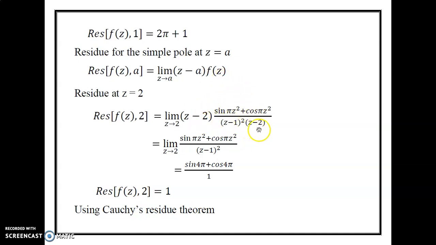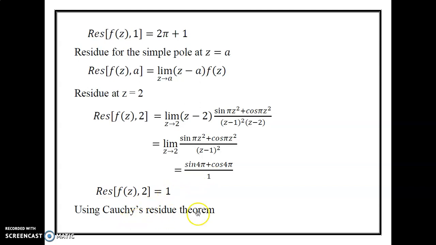Z minus 2 cancels, and substituting z equal to 2, we get sin 4 pi plus cos 4 pi divided by 1. Sin 4 pi value is 0 plus cos 4 pi value is 1. Therefore, the final value is 1.